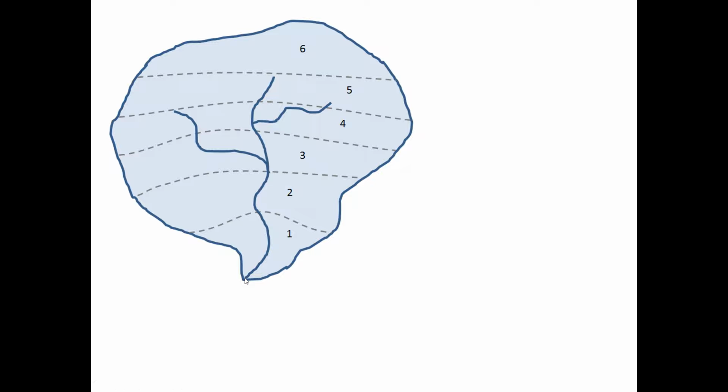After 2 hours, then this region is now contributing to the flow at the outlet. So if you had a storm that began and kept going for, let's say, 24 hours, in the first hour at this outlet, you're only getting water that fell in region 1.